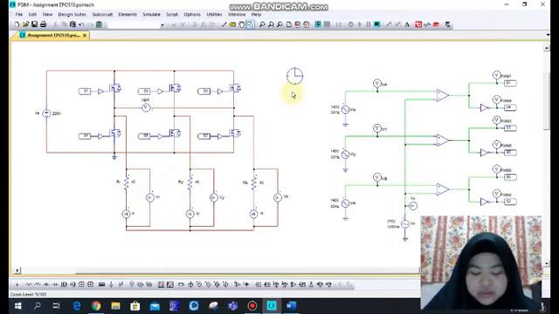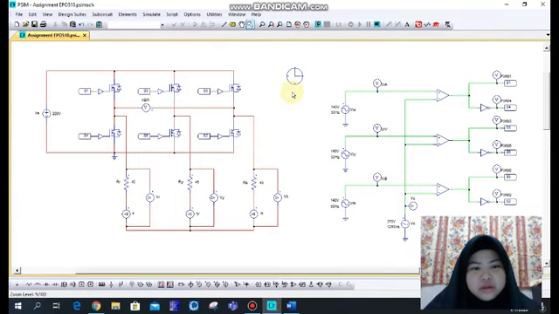Question C wants to find the inverted PWM signal of A, which is PWM2. Before this, question A wants to find the waveform of VRY. So the inverted PWM signal of A is related to this one.